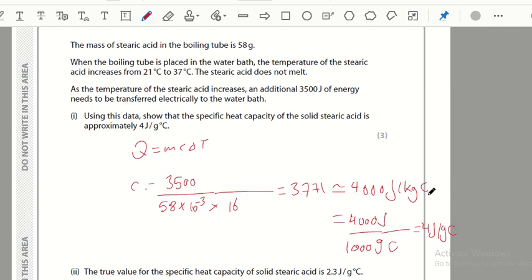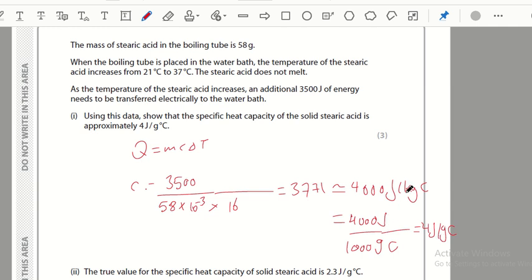per kilogram degree centigrade, but he asked to prove that C is 4 joule per gram degree centigrade. So we should convert this to joule per gram degree centigrade. How can we do that?